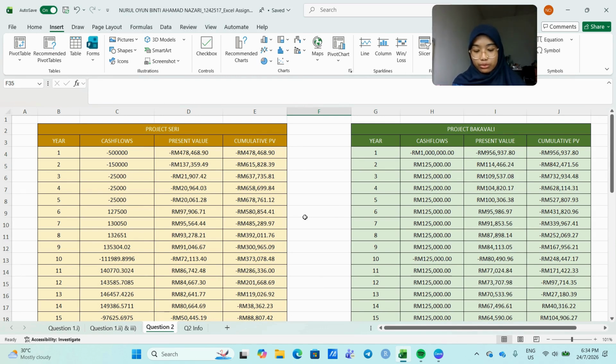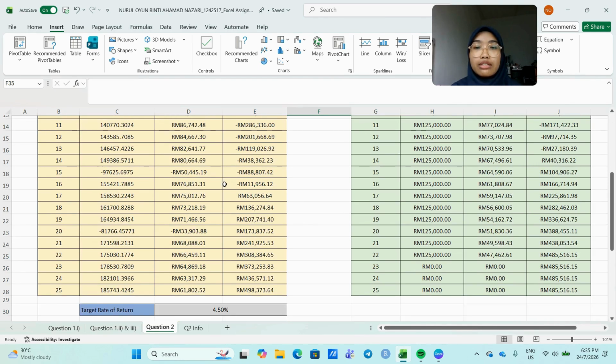For question 2, calculate the IRR for both Project Seri and Project Bakabali. So the company has established an internal target for the rate of return at 4.5% effective per annum for its investment. The question has given the cash flow for Project Seri and Project Bakabali from year 1 until year 25.